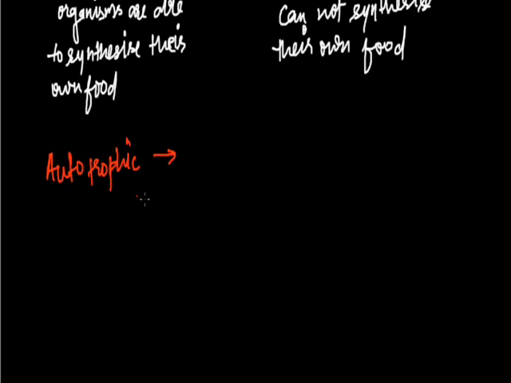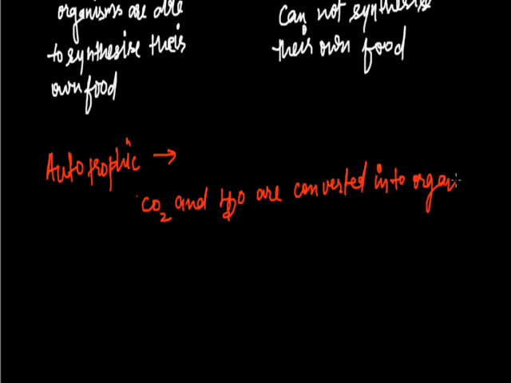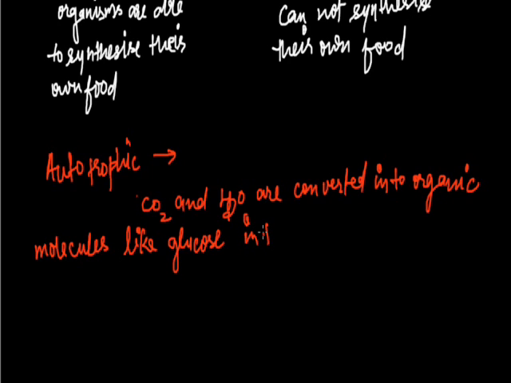Inorganic molecules like CO2 and H2O are converted into organic molecules like glucose in the presence of sunlight and chlorophyll.